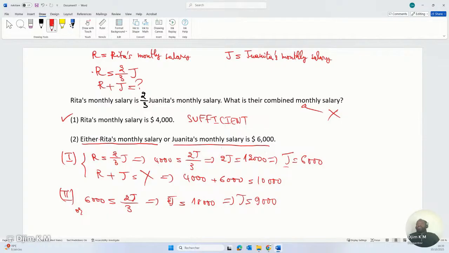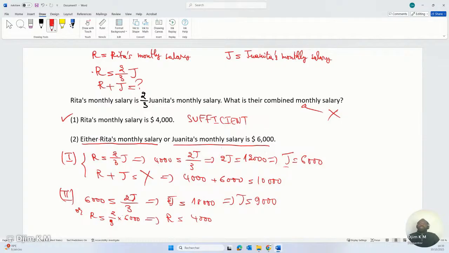Or, we can say that Juanita's monthly salary is equal to 6,000, so that will be 2/3 times 6,000. This will lead us to have Rita's salary be equal to 4,000.